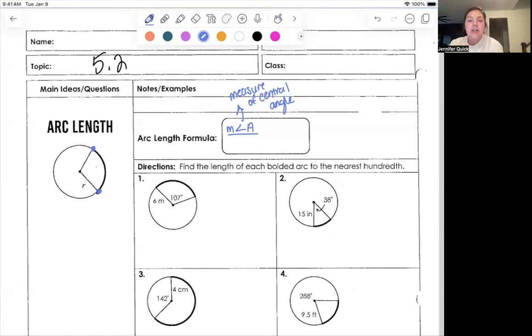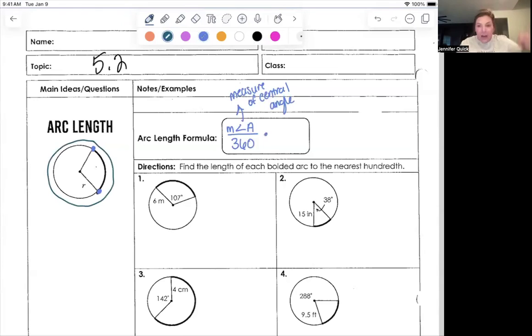Okay. So the measure of angle A, meaning the measure of the central angle, over 360, because 360 is the entire circle. And because we want to know the length of that portion, what is the length of the entire circle?